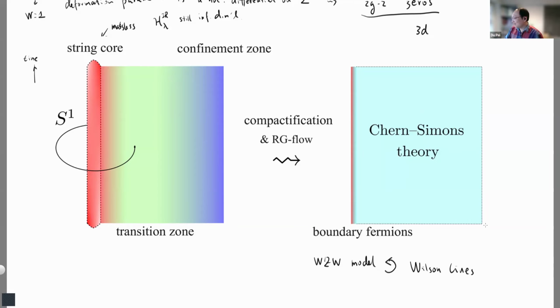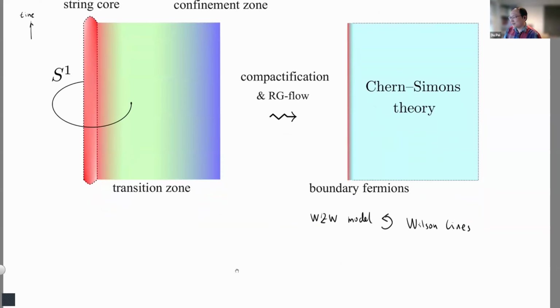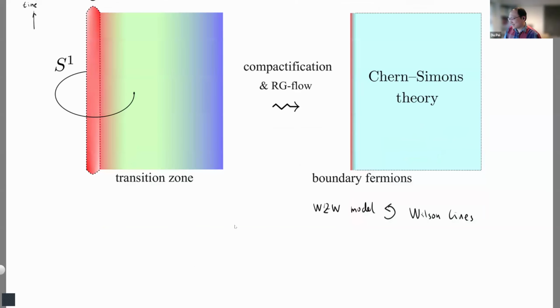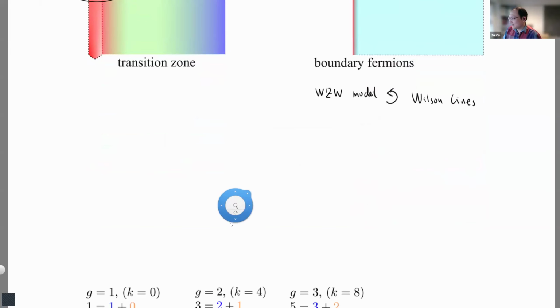The Wilson lines in the bulk theory now act on this, and from that one can actually still manage to get information about skein modules.